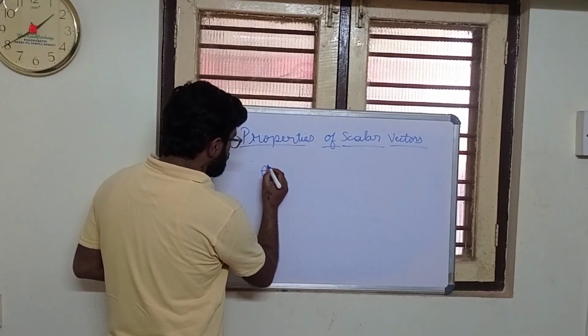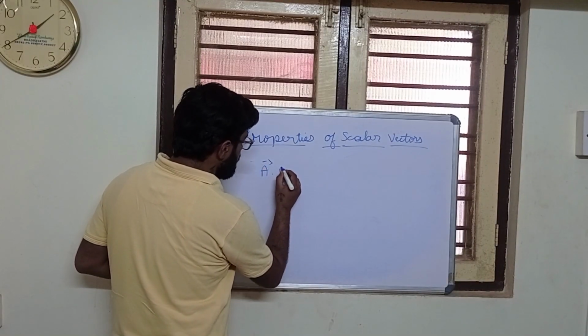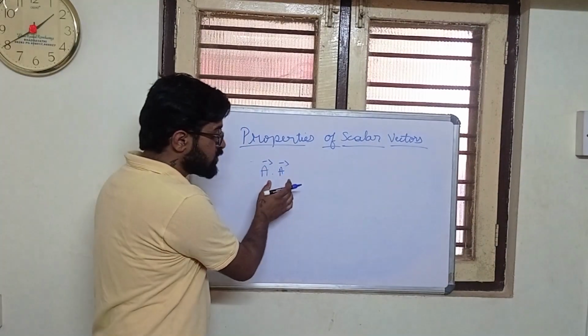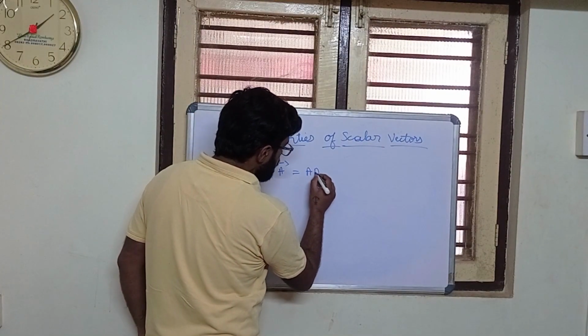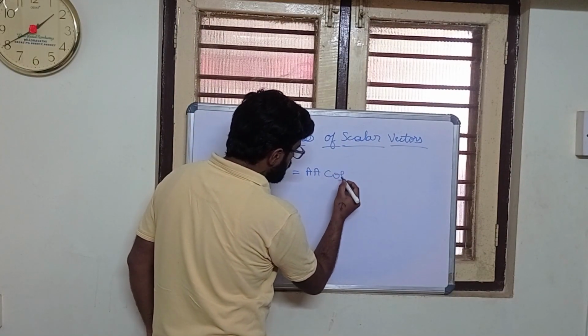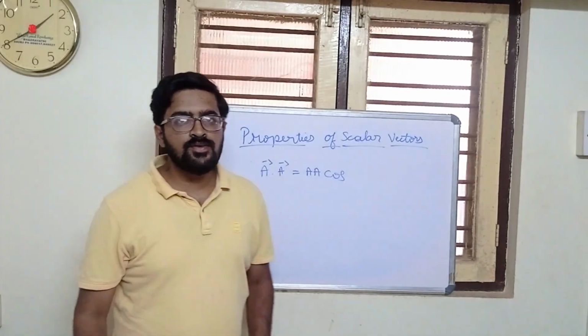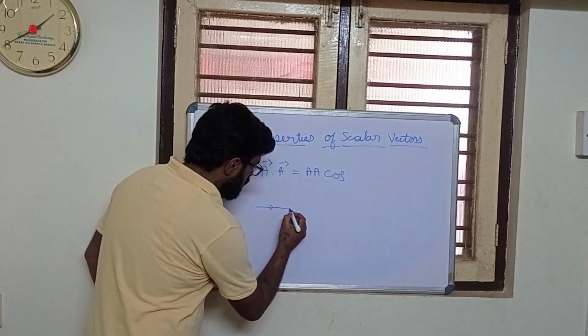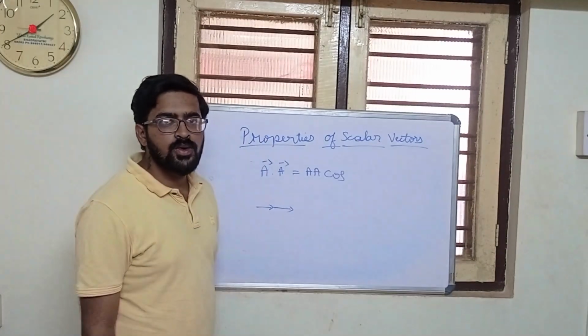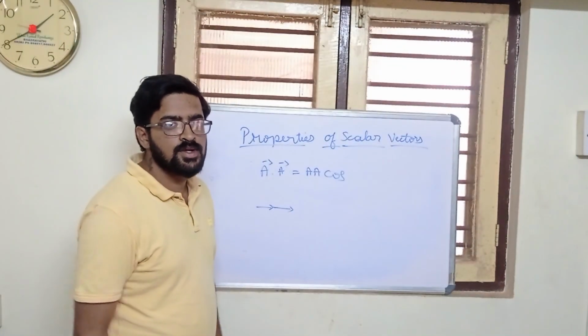Vector A and the same vector A. These are two same vectors, so A into A cos of theta. If two vectors are equal, what will be the angle between them? 0, right?